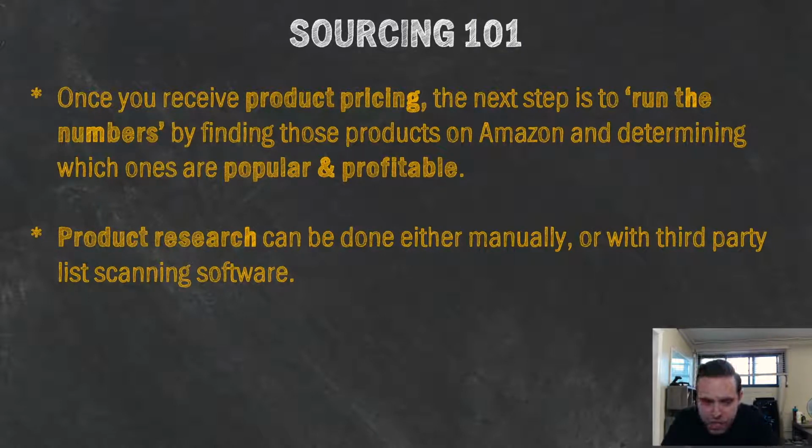And you can do this process manually, which means basically you take your list and you just look up those products on Amazon one by one and be very thorough.